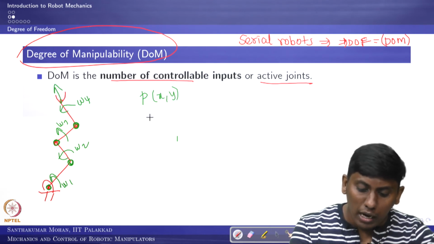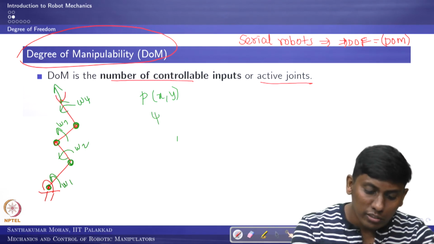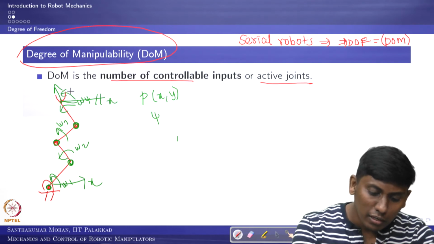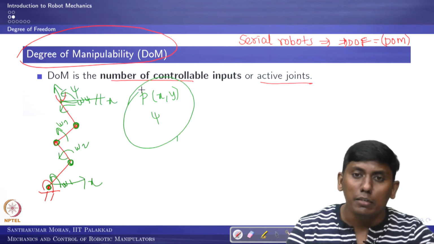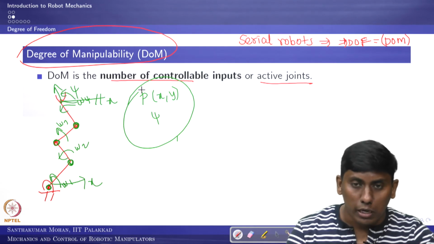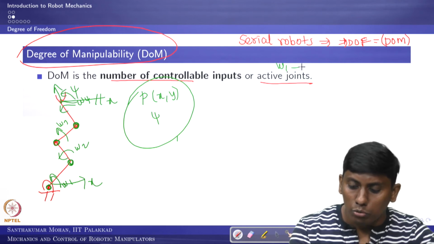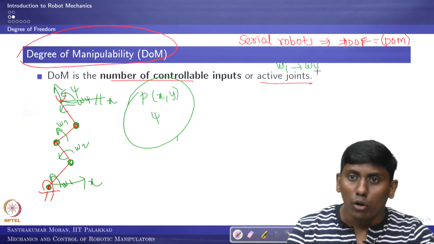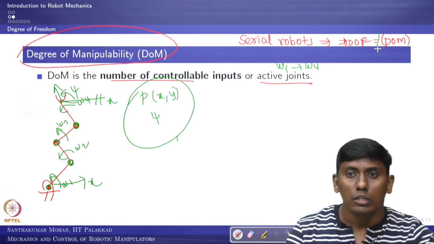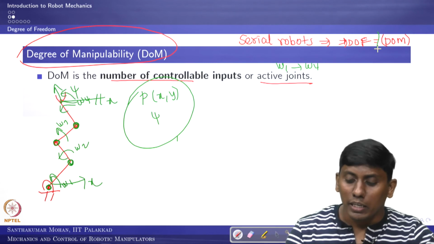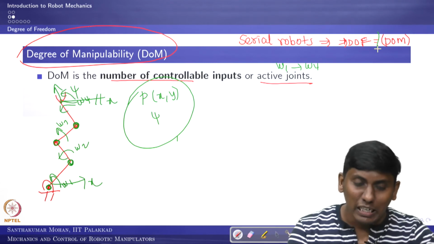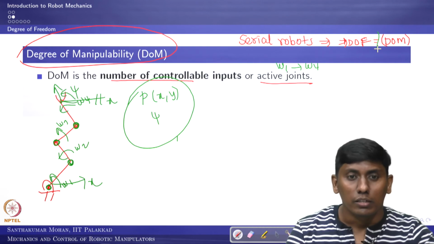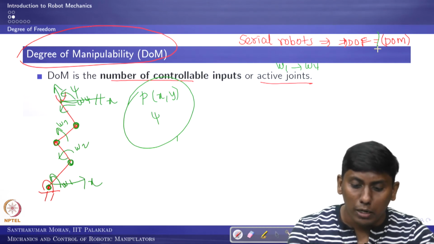So p, x, y, and the orientation, which is with respect to the x axis; this line is parallel to x, and this angle is called phi. In the sense, these 3 are the minimum number of variables to describe the system. But how many controllable inputs? Omega 1 to omega 4, in the sense 4. Now you can see that even though it is a serial manipulator, it does not have matching degree of freedom and degree of maneuverability. Most of the time these are the same, but you can see even in one simple instance this is not the same. Now you are clear what manipulability is.